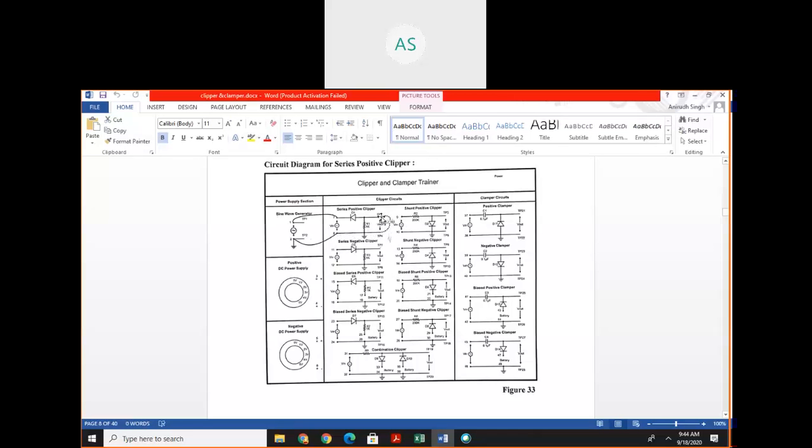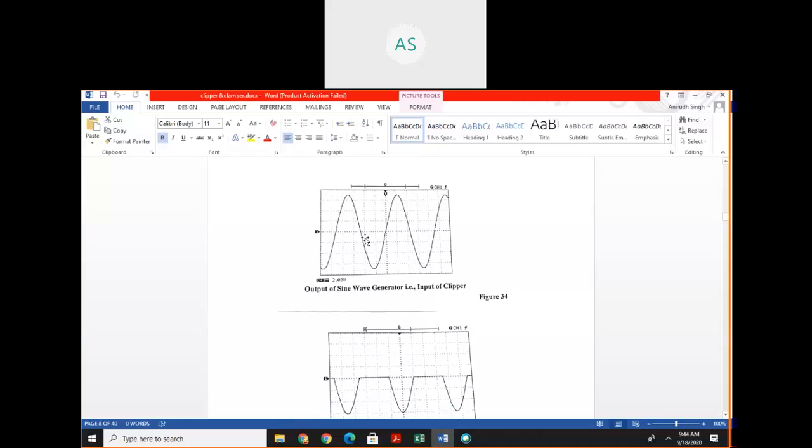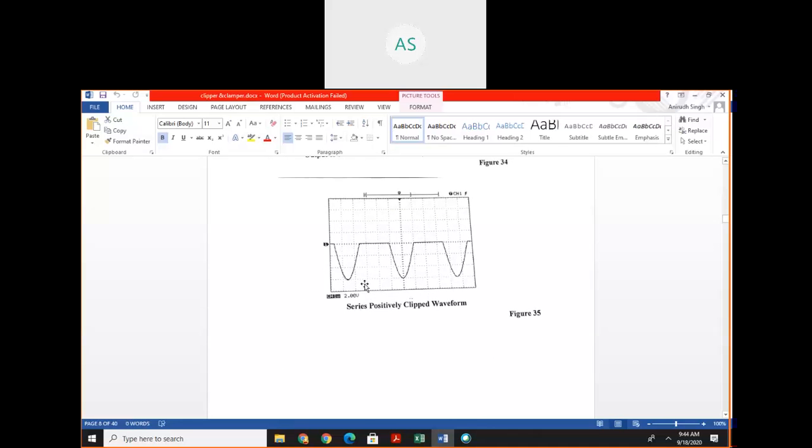Positive and negative clipper circuit, and this is the clipper and clamper circuit. These are the different clipper circuits: series negative, series positive, and bias.